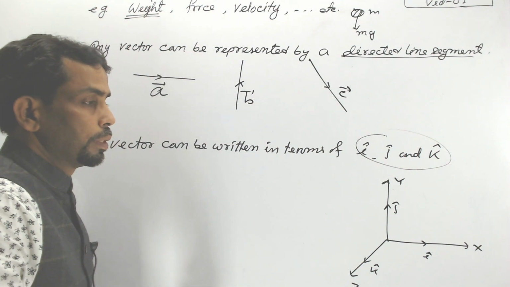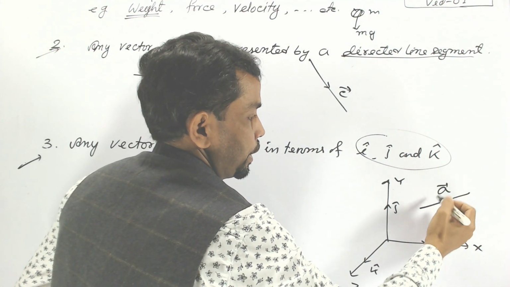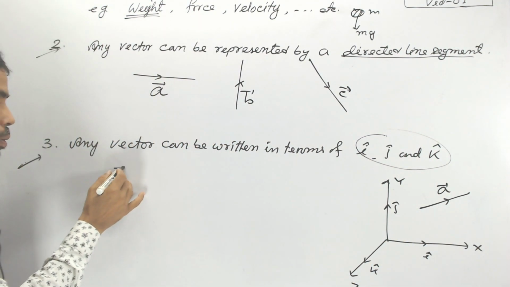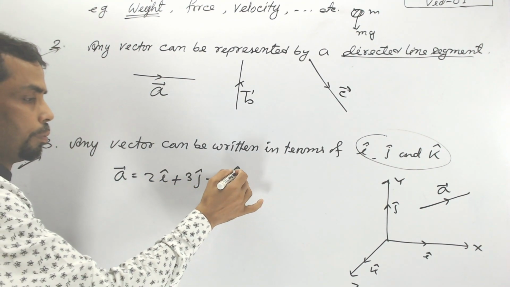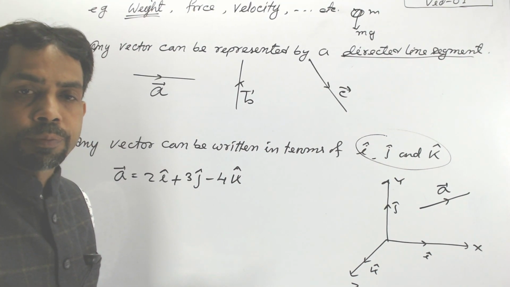Now any vector, say this is a vector A, we can write in terms of i, j, k. For example, say A equals 2i plus 3j minus 4k.